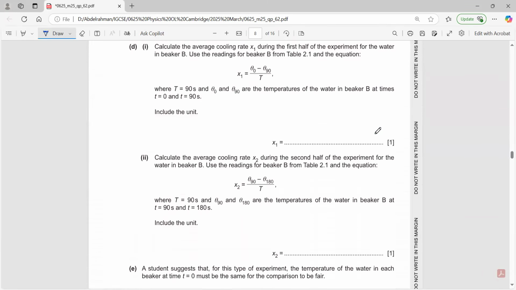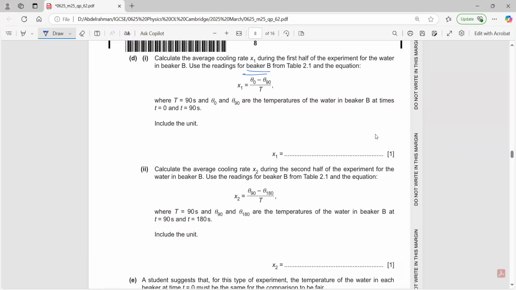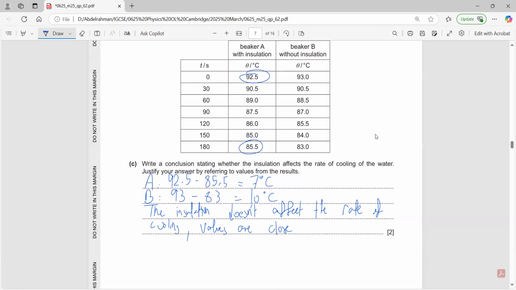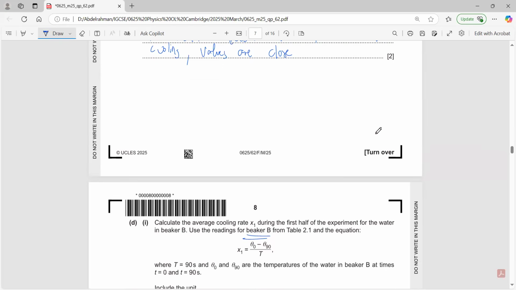Question D. Calculate the average rate of cooling during the first half of the experiment. During the first half, theta 0, theta 90 for beaker B. Beaker B started at 93 degrees and at 90 seconds it was 87 degrees.